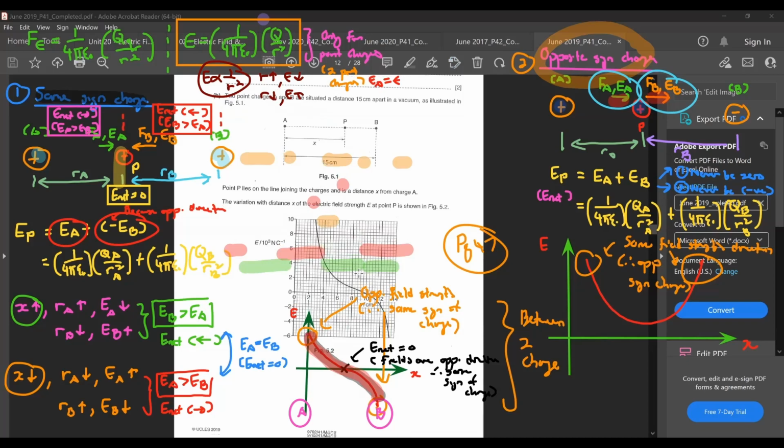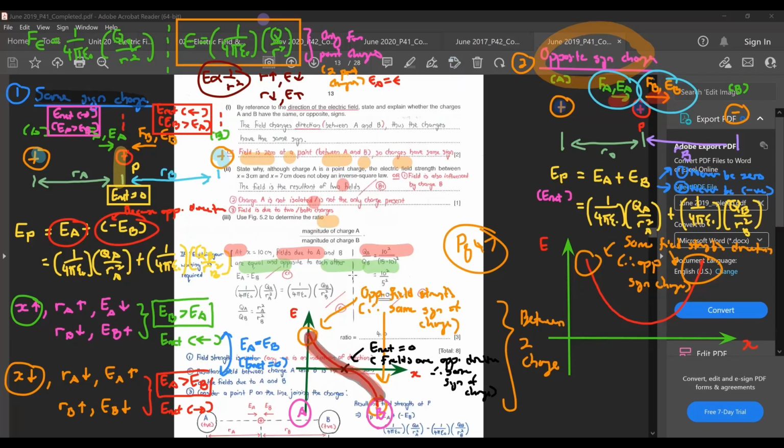Okay, so from there, they subsequently ask you, by reference to your direction of electric field, state and explain whether the charges A and B have the same or opposite signs. This is again the same question as before. Notice that it has been repeated again.